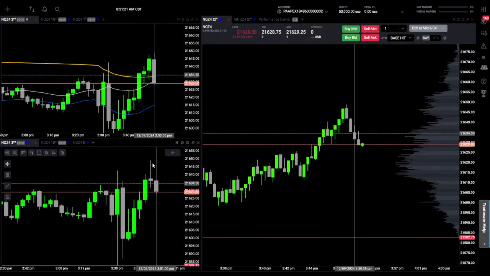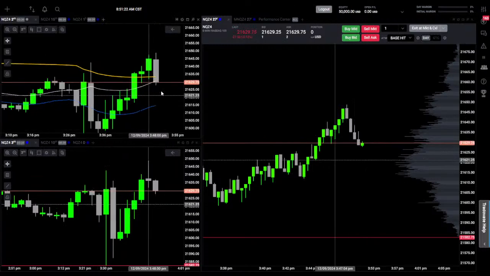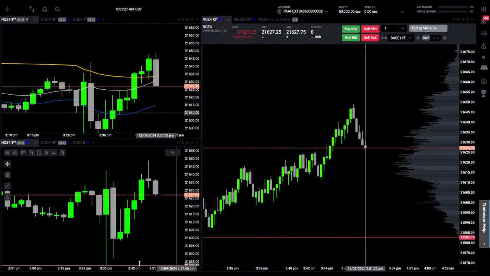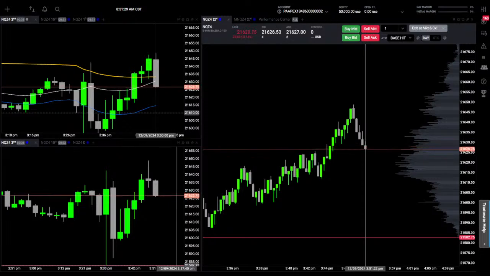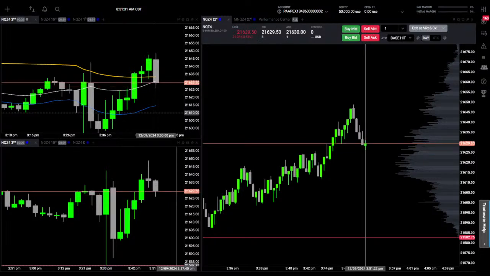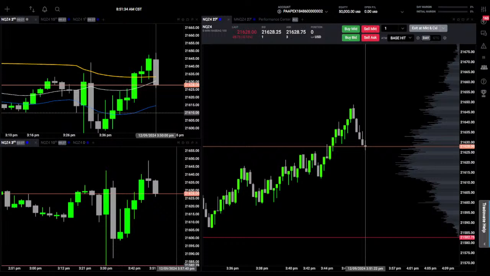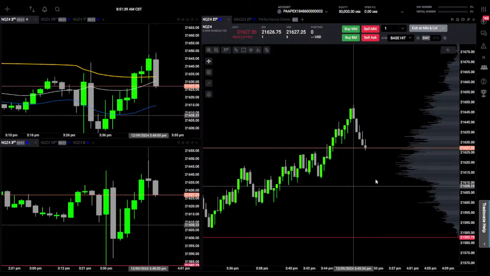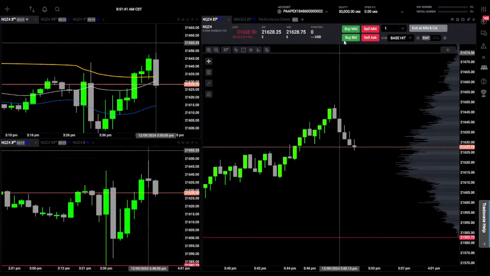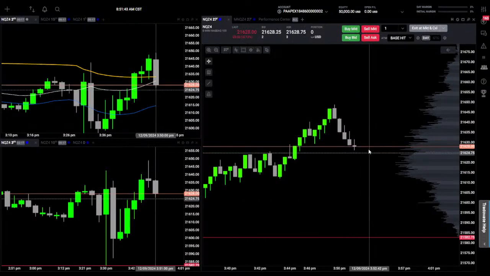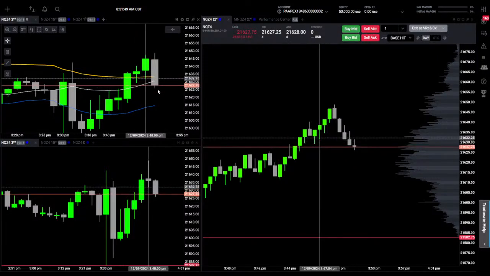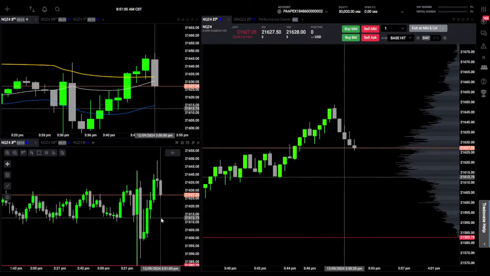Right there, the 3-minute chart is starting to coil up a little bullish. Very nice. ES, oof, ES kind of looks tricky. ES looks like it wants to dump. Not good, no bueno. We wait for this candlestick to close and see what happens then.